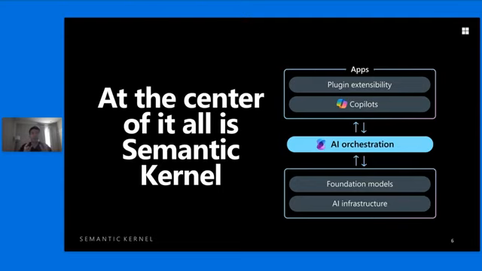Microsoft is using semantic kernel to create all of this that I showed you in the past slide. In the center of everything is semantic kernel. That's why Microsoft is investing a lot of effort, a lot of time to get this tool shaped for everything.